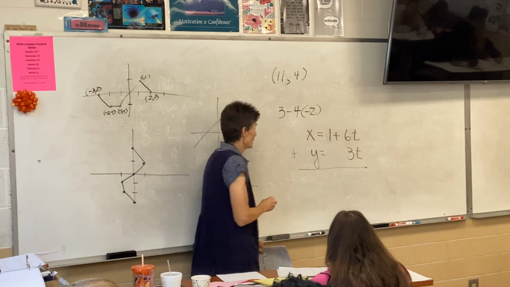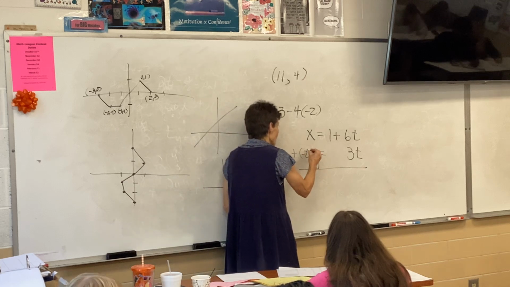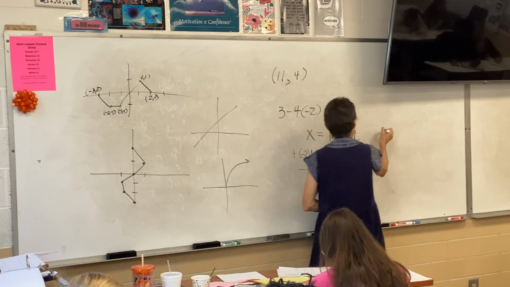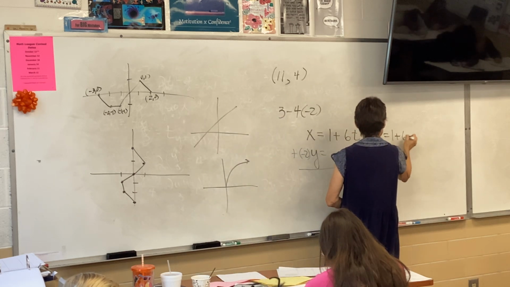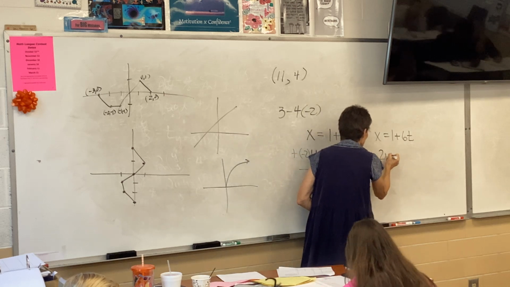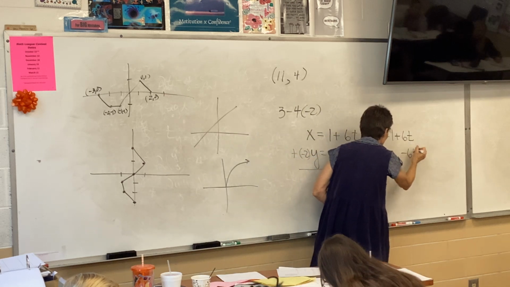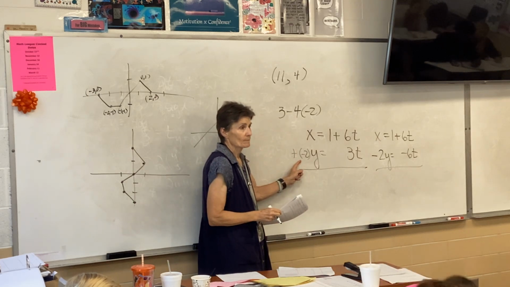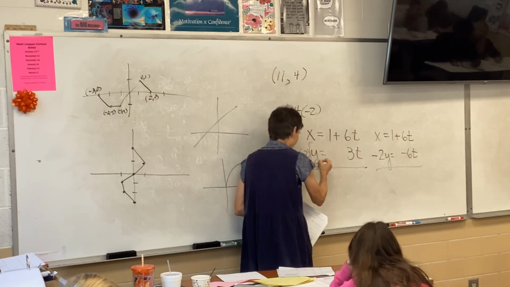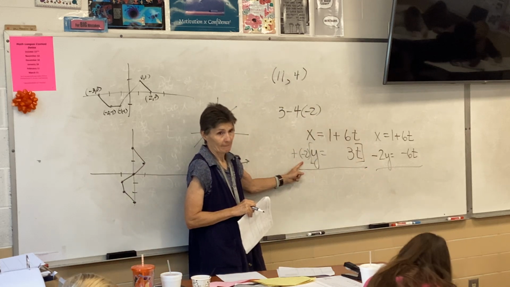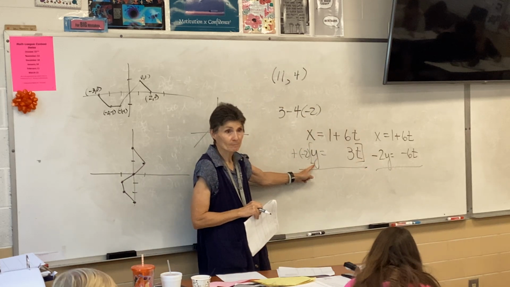Times the whole bottom row by -2. So x equals 1 plus 6t, and then -2y equals -6t. Here's where we get mistakes. Remember, you're multiplying the whole equation by -2, including the y.